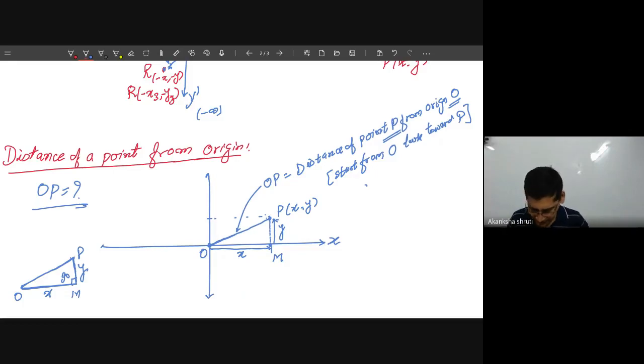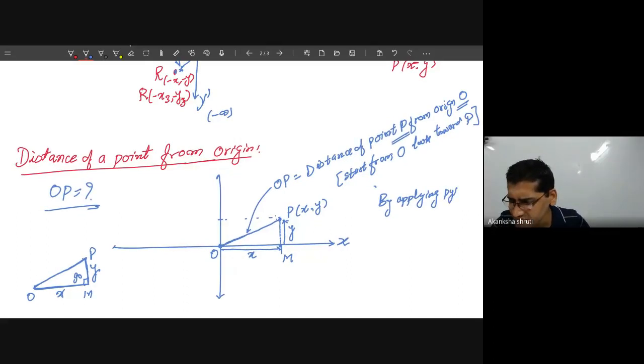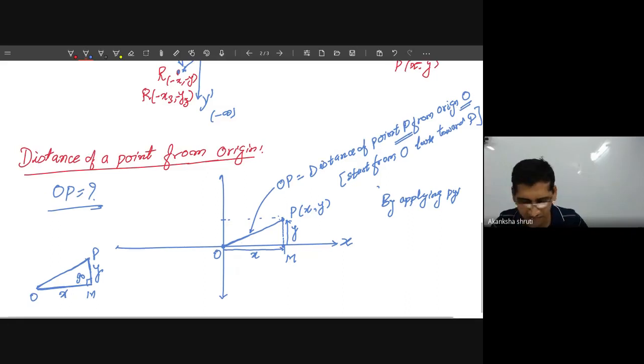By applying Pythagoras theorem in triangle OMP, it is very important that one of the angles should be 90 degrees. Here angle M is 90 degrees, that's why we are able to apply this.